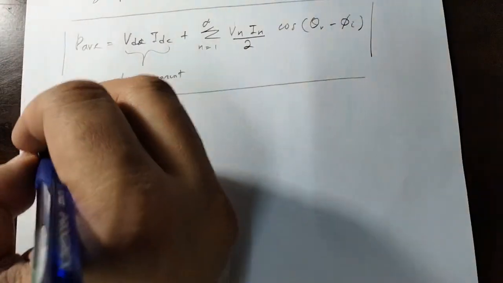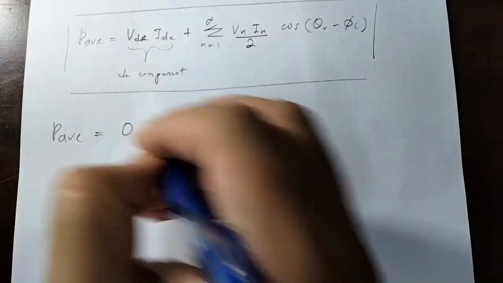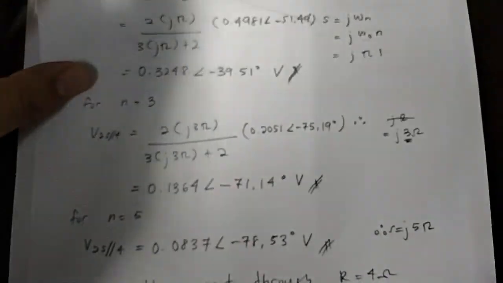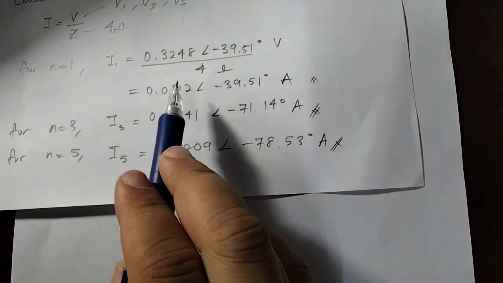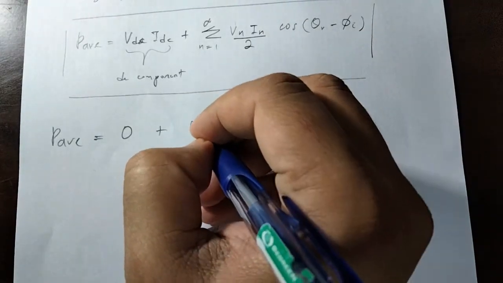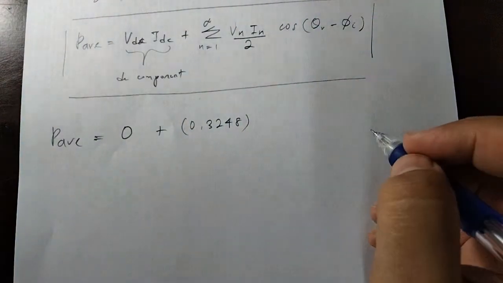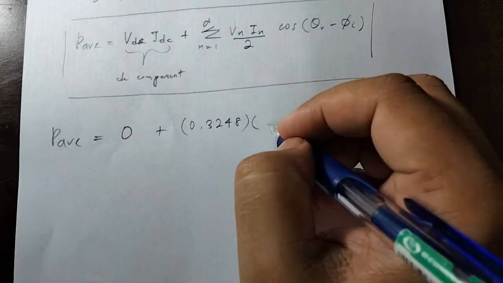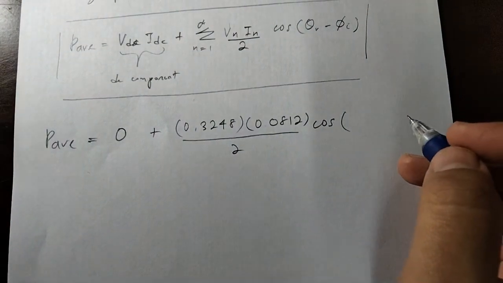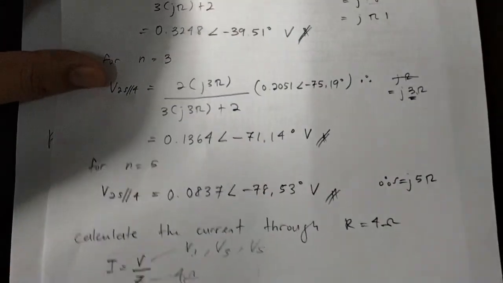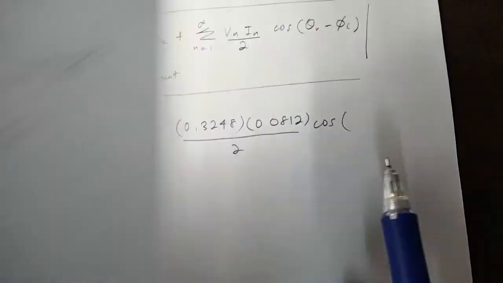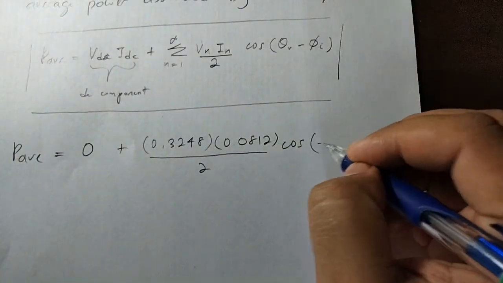Right, so basically P average, okay, so 0 for DC component, and then the voltage, the current, and the angle, right? So voltage is 0.3248, that is the voltage. The current is 0.0812 divided by 2, and then cos the angle, right? So the angle is 39.51 and also 39.51 for both the voltage and the current, right?